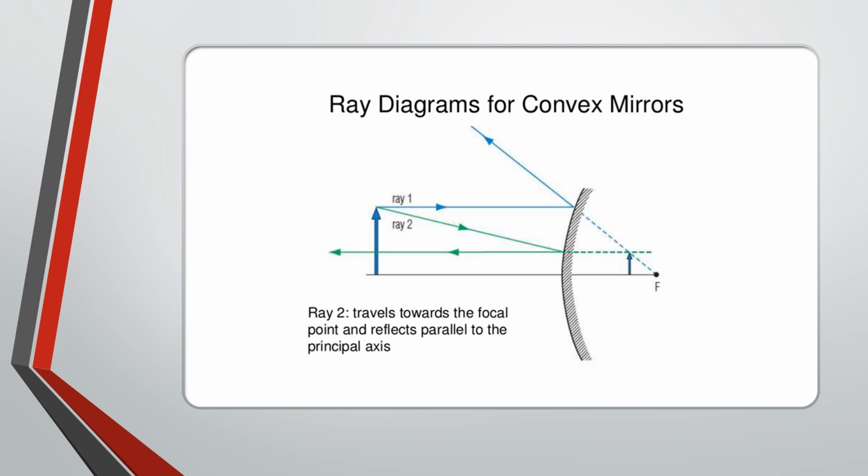Ray 2 is drawn from the tip of the arrow to the focal point, but whenever it reflects, it goes parallel. So you draw the line parallel to the principal axis, and just make sure that you draw it both directions so that you get your virtual ray on the other side of the mirror. Of course, your virtual image will be where your two virtual rays intersect.